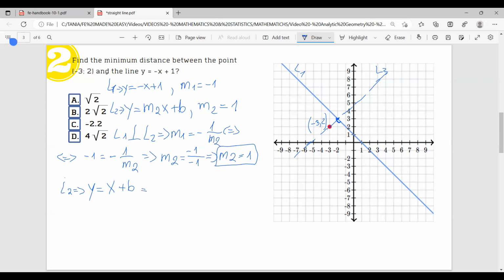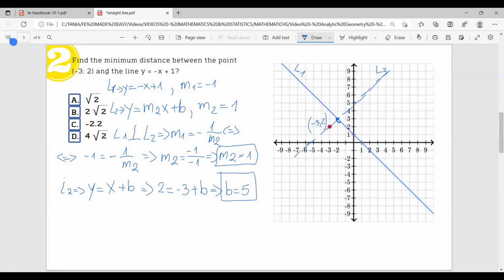So we are going to just substitute y and x in this equation here, and this is the way we're going to find b. So we have 2 equals 1 times minus 3 plus b. And from this equation, very easily, you can see that b is equal to 5.